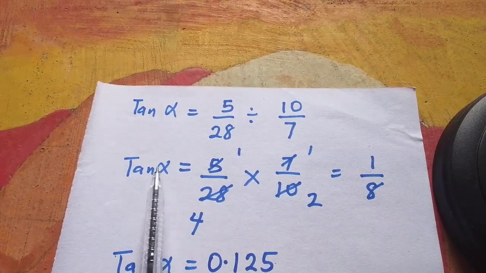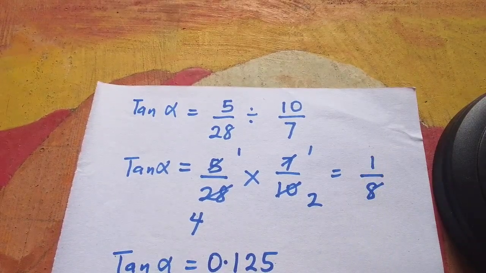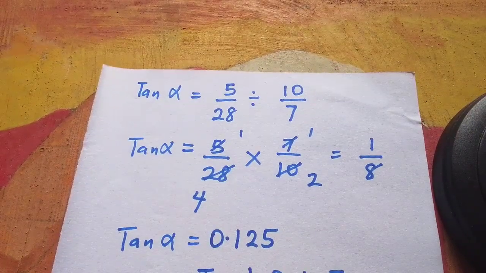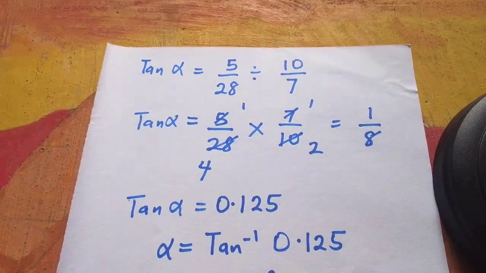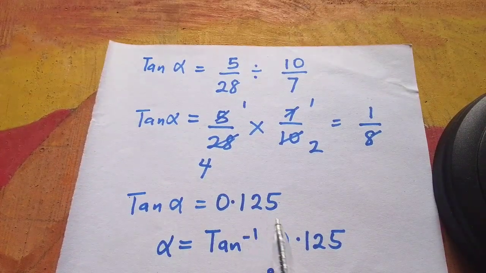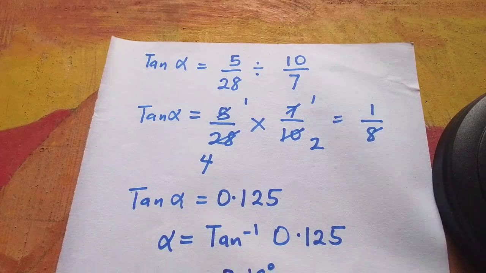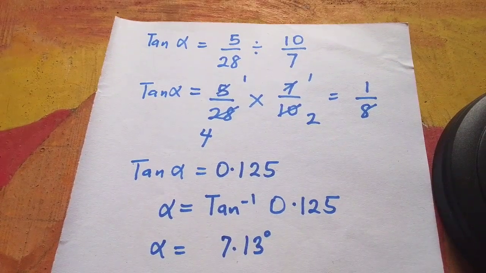So tan alpha is equal to 1 over 8. 1 divided by 8 gives us 0.125. To find alpha, you take the arctan of 0.125, which gives us 7.13.